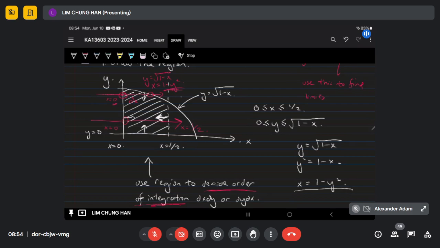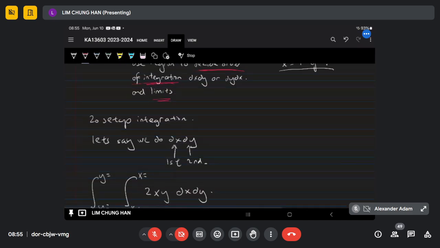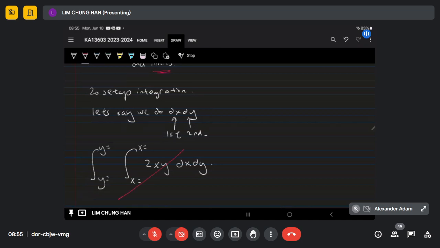I get two different limits for x. Do you notice the problem? Do you guys see this problem? Because of this, we cannot do x first. It's wrong.